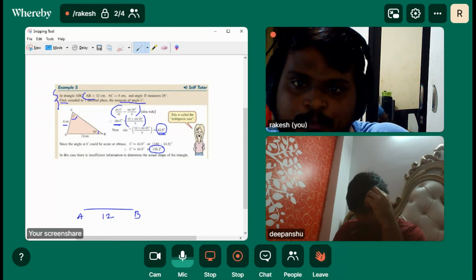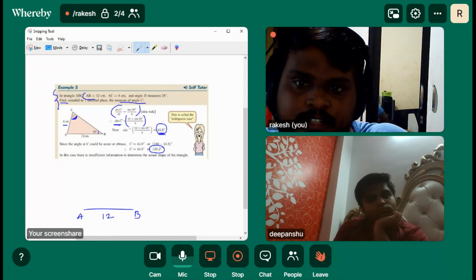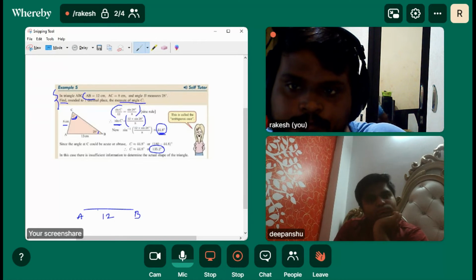तो यहाँ पे आपको कितना आ रहा है एंगल? यहाँ पे 44.8 आ रहा है. That C is 44.8, right? And we have 8 centimeter here, 28 degree, 44.8, 8 centimeter.